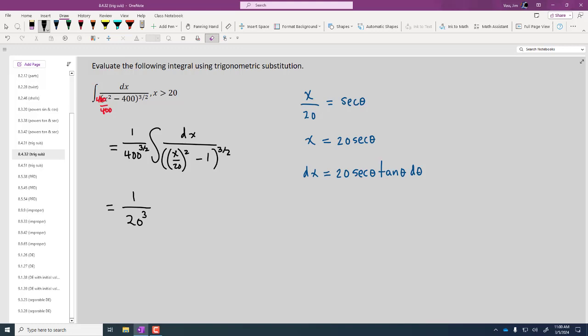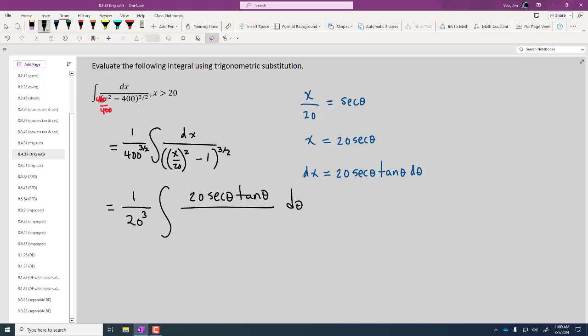So we see the dx, and I guess there's nothing else up there but the dx. So we have 20 secant theta tangent theta d theta, so that's the numerator. And then in the denominator, we have secant squared minus 1.